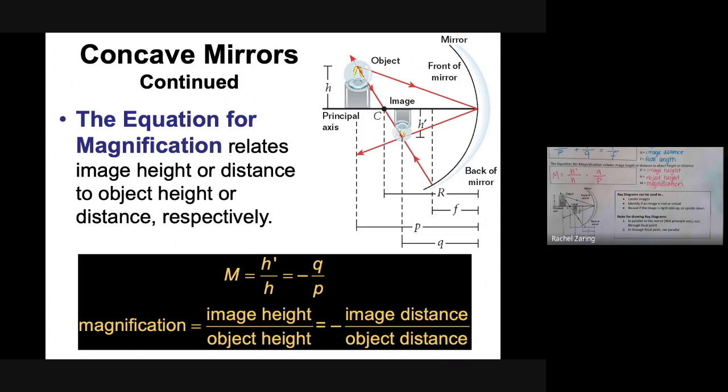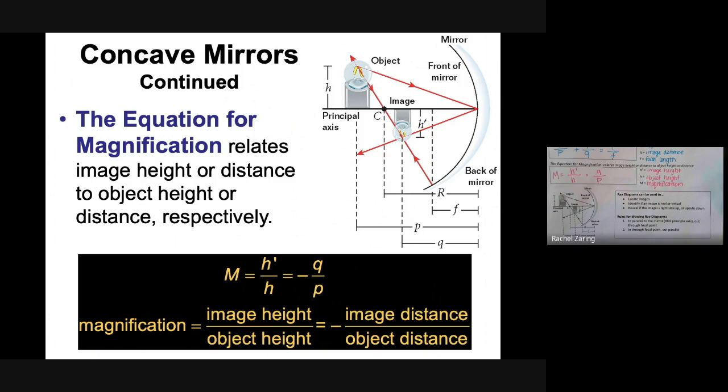So in this equation, the capital M stands for magnification. This is just a value that doesn't have a unit. It's just going to be greater than 1 or less than 1 in that sense. Less than 1 if the image is getting smaller. Greater than 1, the image is being magnified to be larger.